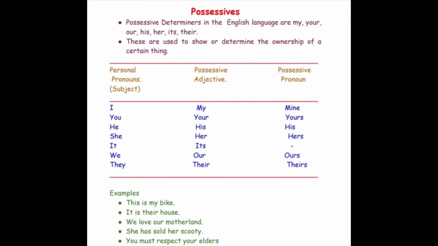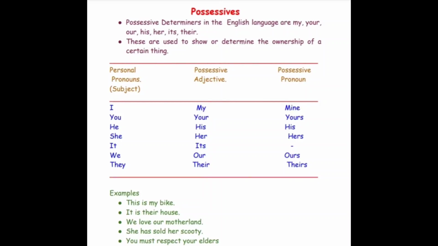You: your is the possessive adjective accordingly, and yours is the possessive pronoun. He: his is the possessive adjective. Only his is the possessive adjective that is used as a possessive pronoun also. In case of she, her is the possessive adjective and hers is the possessive pronoun.